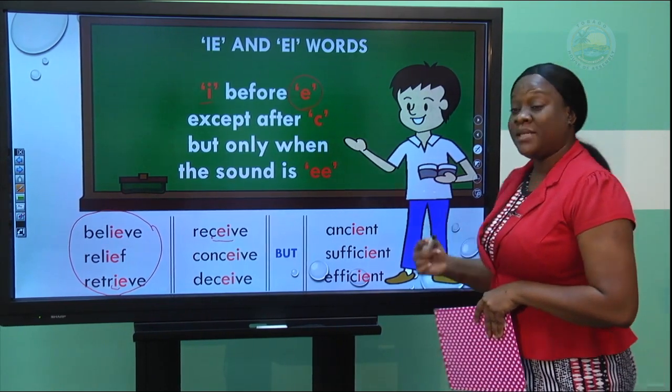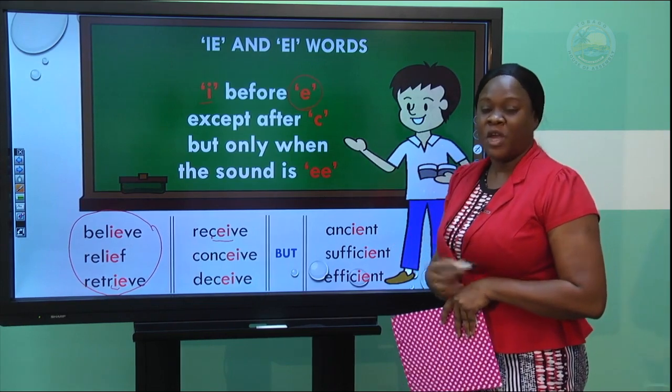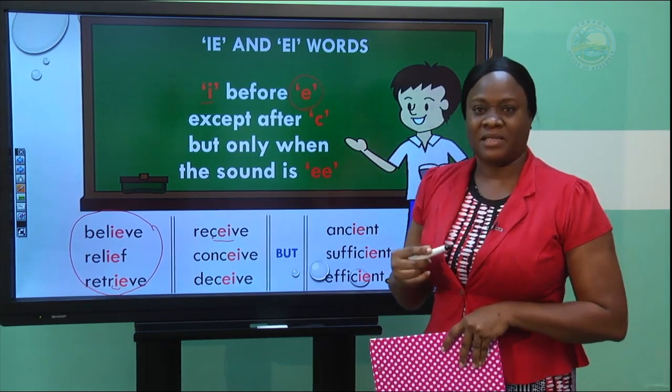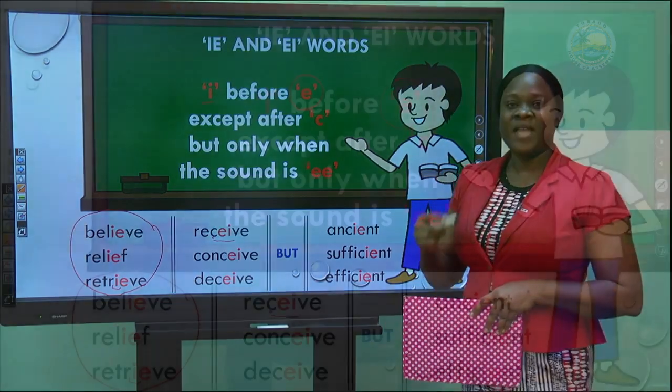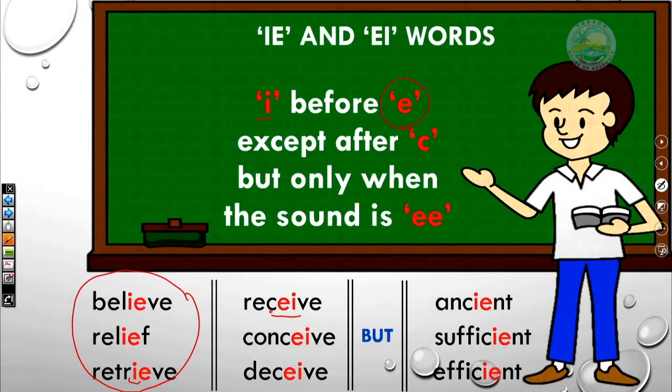So, because there is no E sound, we can say this to remind us. When the E is not heard, or when there is no E sound, it is the other way around. And what is the other way around? Remember, when we had a C, it would have been E-I.